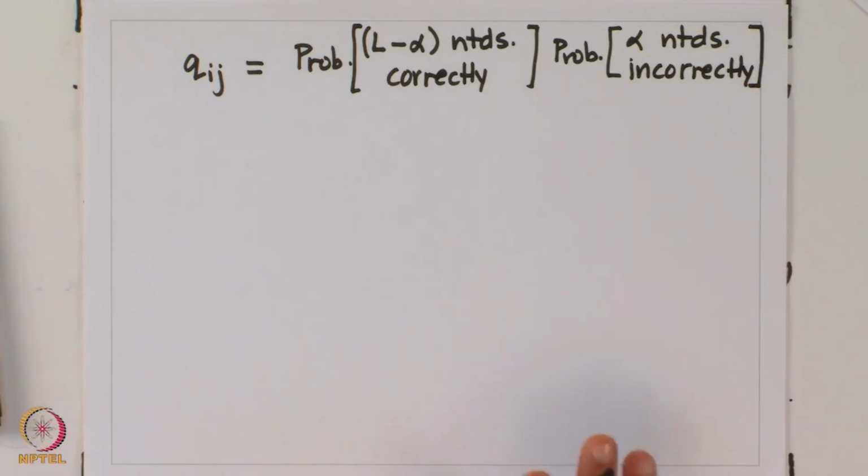This is where the binary nature of the DNA string that we have assumed comes to help us, because sequence I and j differ at alpha number of positions.